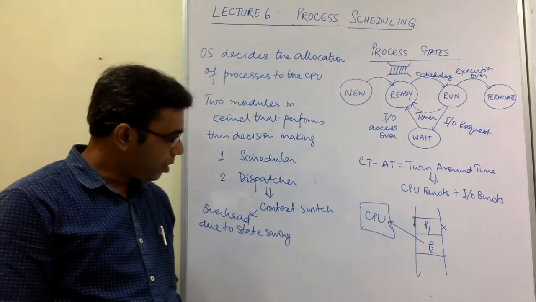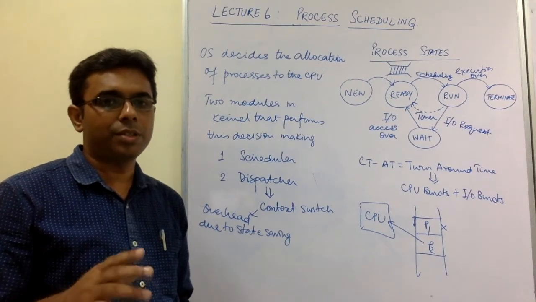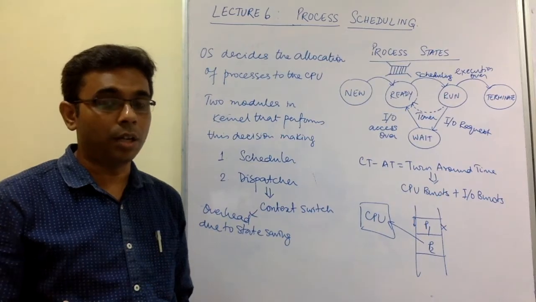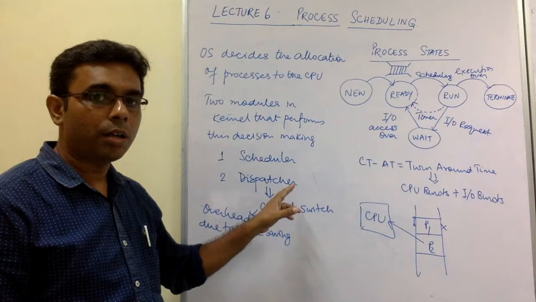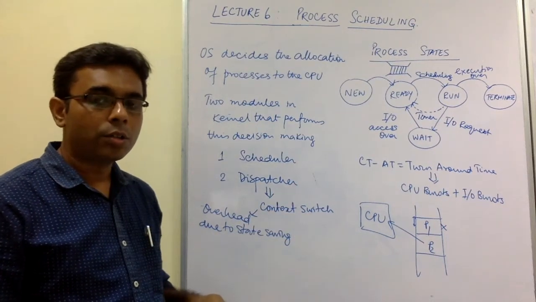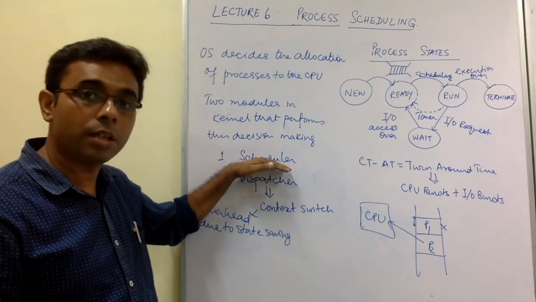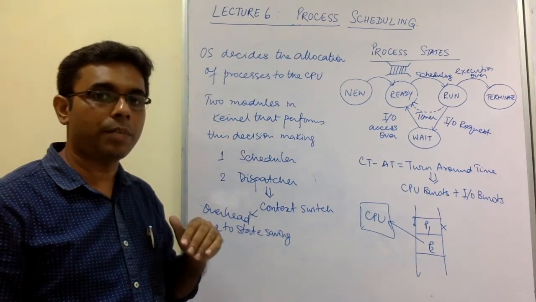Because this allocation is taken care of by the scheduler, and the scheduler is part of the kernel, these two modules themselves are programs which are run. When the scheduler is running, it's being run by the kernel, so there are kernel level instructions. When the dispatcher is running, again kernel level instructions are being executed.